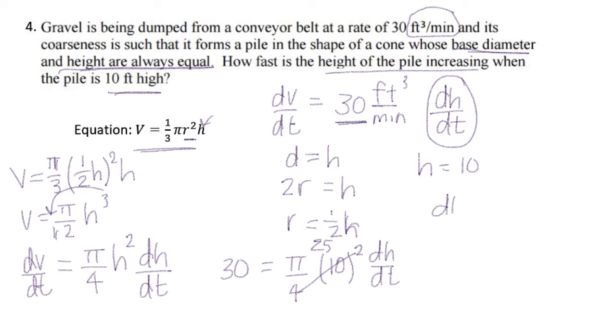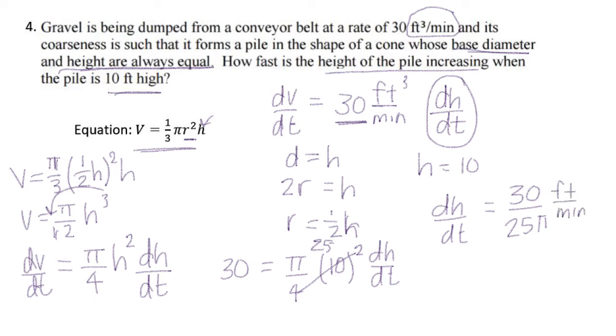So dh/dt is going to be equal to 30 over 25 pi, and we can reduce that or leave it like it is. And so how fast would that be changing? Well, let's look at our units. It would be feet per minute.